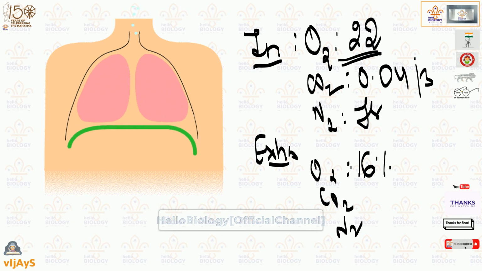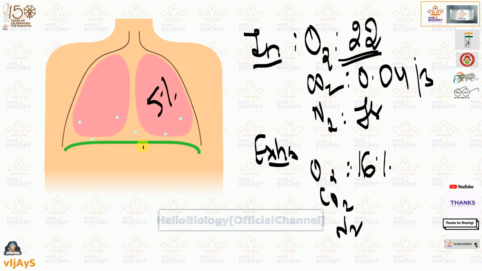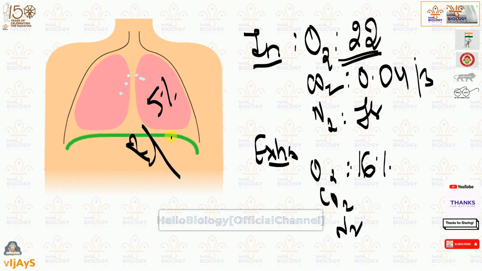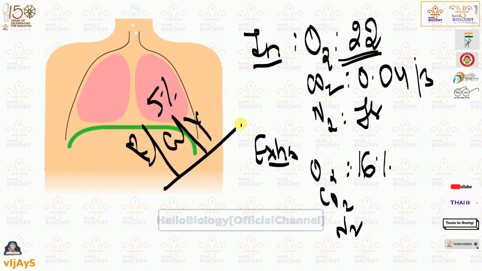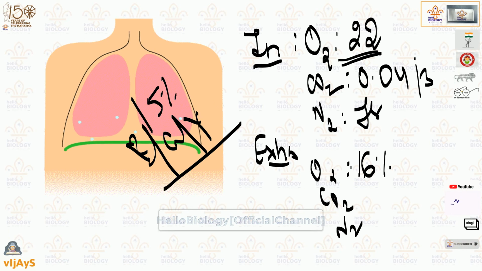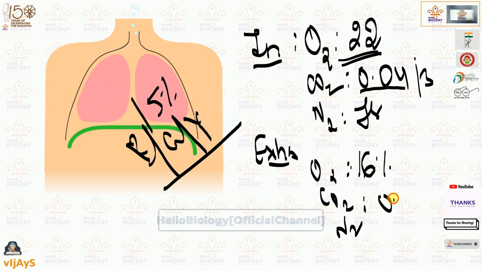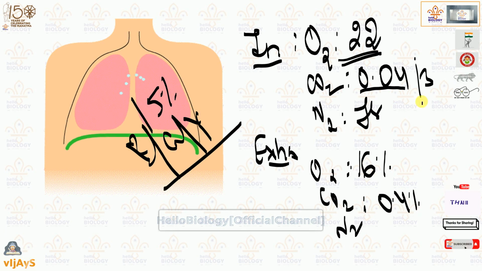That means 5% is used in our lungs. If we do exercise, gym, yoga or anything, this can increase to 15%. That is the capacity of our lungs. And carbon dioxide goes from 0.04% directly to 0.4%. That much increases.